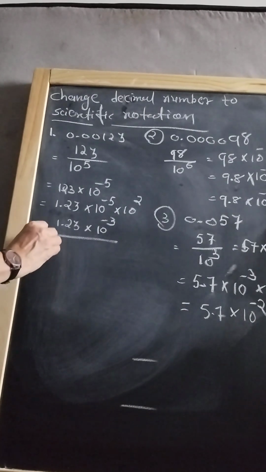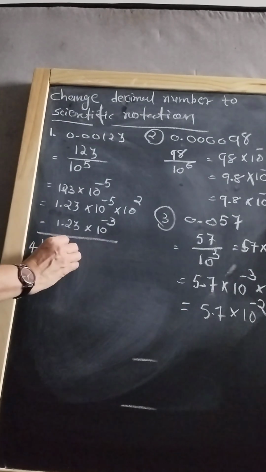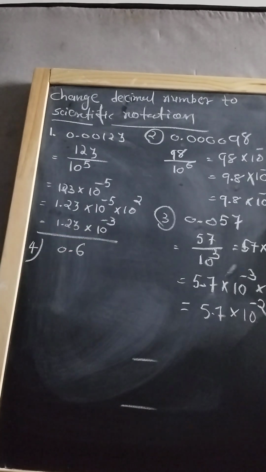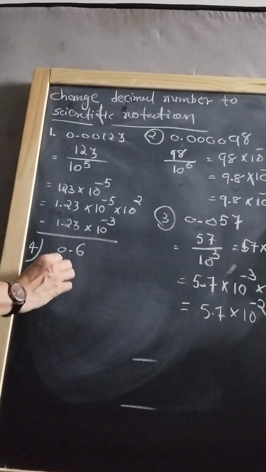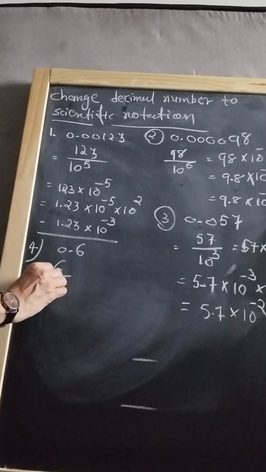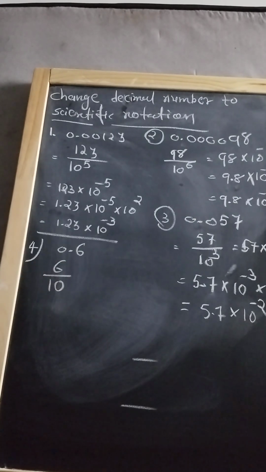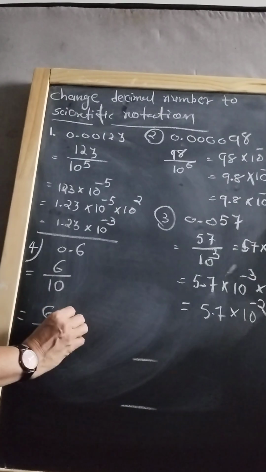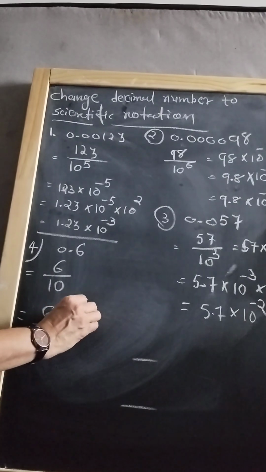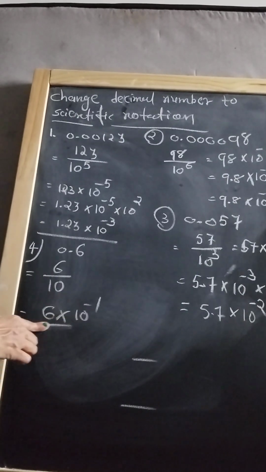Let's take one more example. 0.6. Convert into a fraction. Decimal to fraction, so 6 over 10. If I take 10 in the numerator, so 6 times 10 to the power of negative 1.